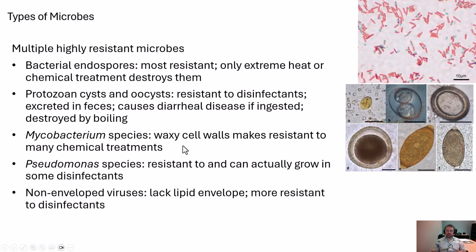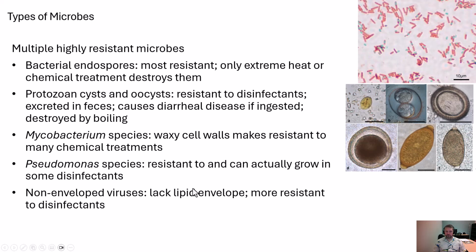So not only do they have that peptidoglycan layer, but they have a layer of lipid proteins that are associated with that peptidoglycan layer. The lipid causes them to reject things that are hydrophilic. The proteins allow them to use efflux proteins or pump things back out. So when things enter, they can get pumped back out. So again, highly resistant to many chemical treatments.